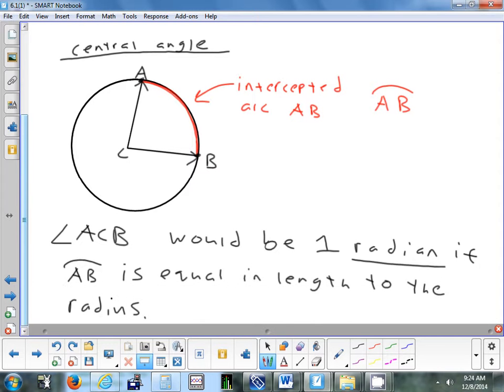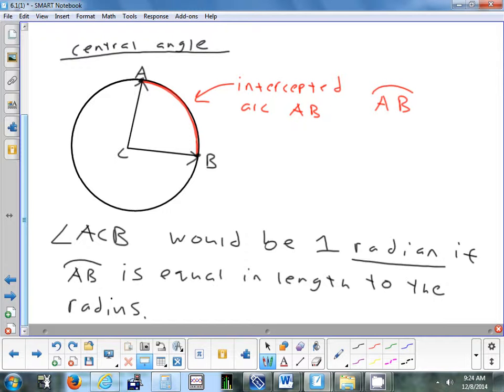So I'm going to show you visually what a radian would look like. Okay, so this is more of a geometric definition of a radian. So angle ACB would be 1 radian if arc AB would be the exact same length as the radius.